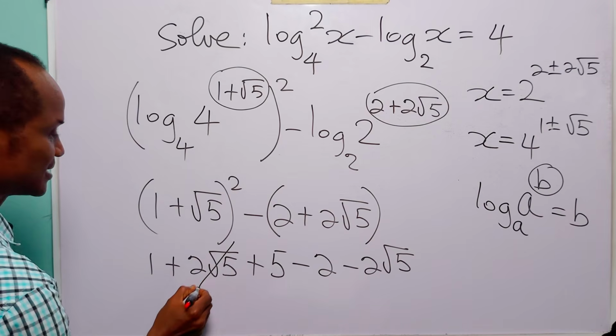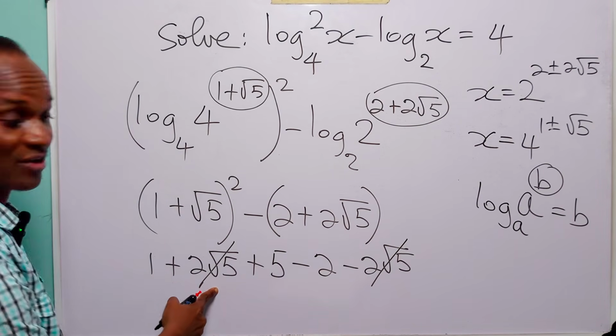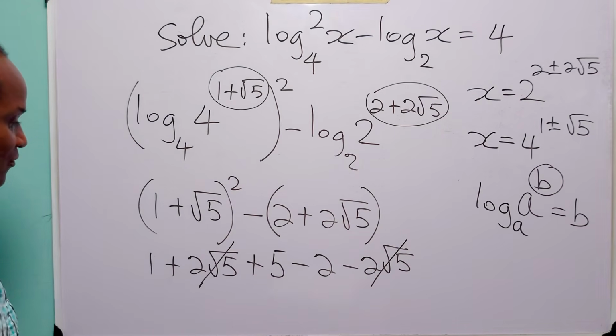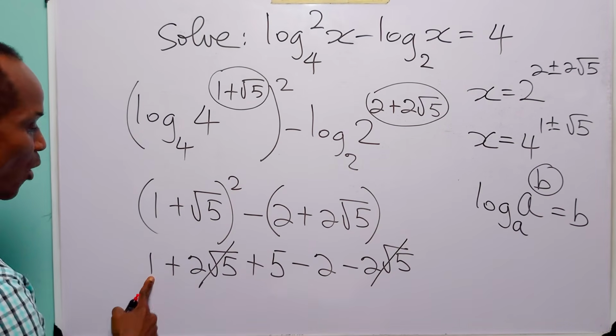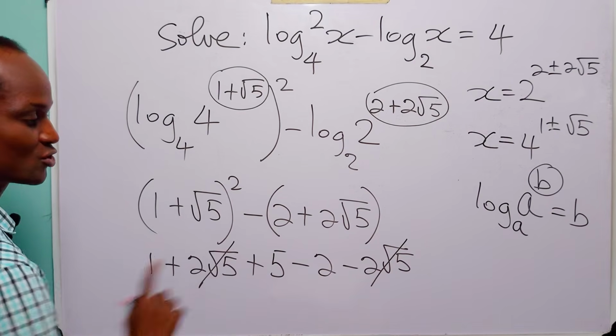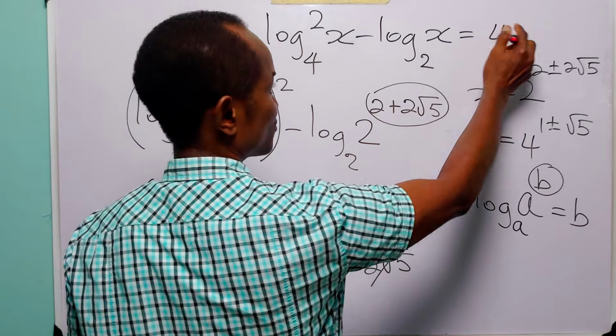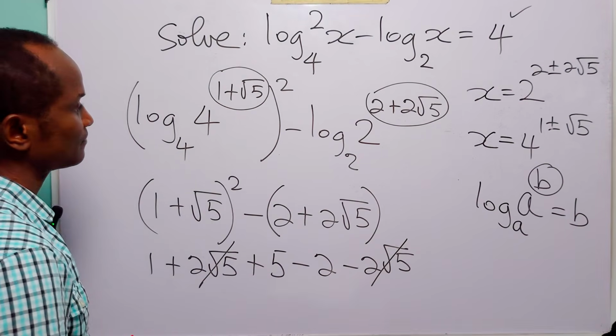Now you can see that this is plus 2 root 5 and this is minus 2 root 5, so they cancel. Now 1 plus 5 is equal to 6, and 6 minus 2 of course is equal to 4. And this is what we have here.